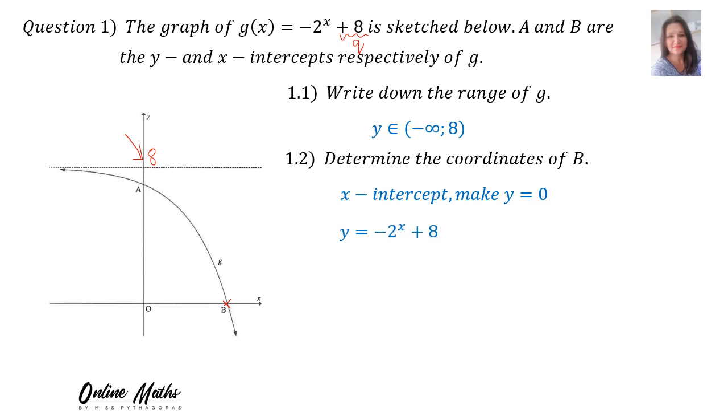So there's the equation, and when we make y 0, we end with 0 equals negative 2 to the x plus 8, and then the 2 to the x walks across to make it positive, and then you end with 2 to the x is equal to 8, and then 8 is the same as 2 to the 3 in prime factors, and then since bases are the same, we can equate exponents, and x is equal to 3. Therefore, B's coordinate is the point (3, 0).